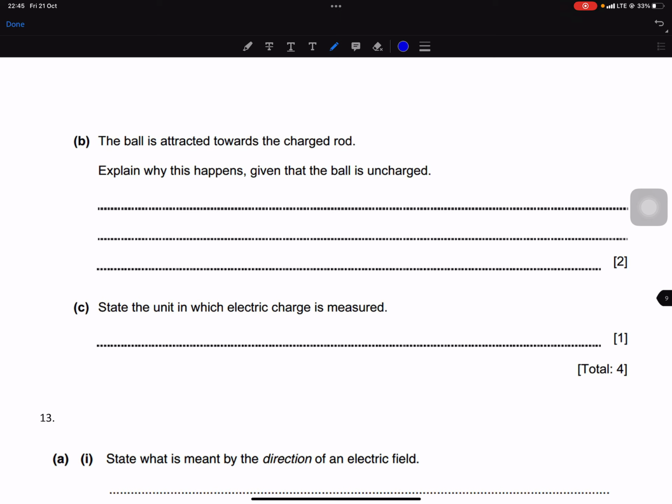Now the ball is attracted towards the charged rod. Explain why this happens given that the ball is uncharged. It's a 2 marks question.